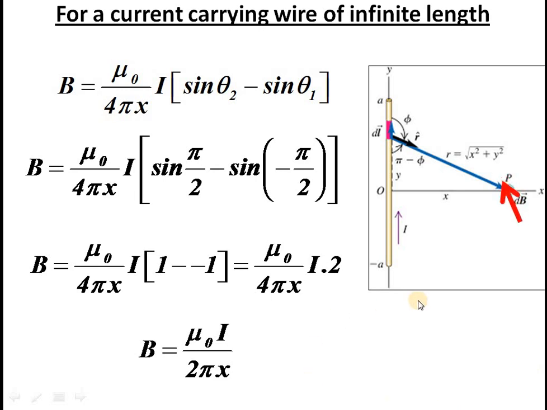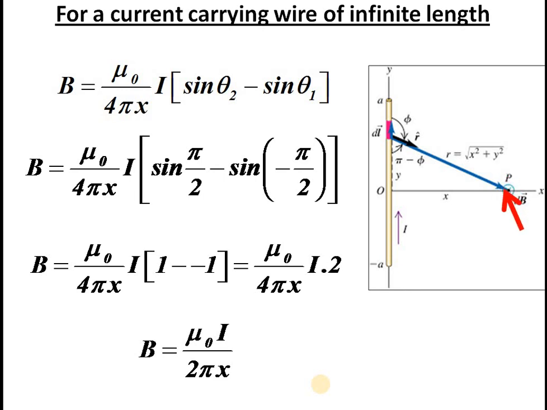Similarly, we can use the same Biot-Savart law for finding the magnetic field due to different wire geometries, for example a circular wire, a square wire, or a rectangular wire.